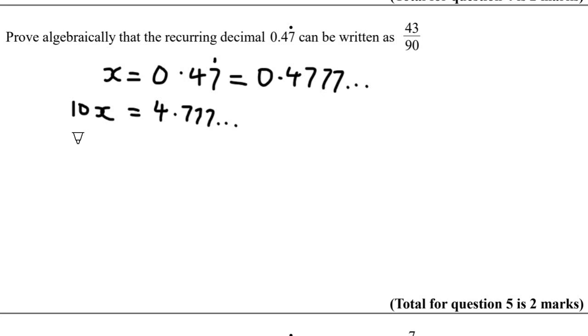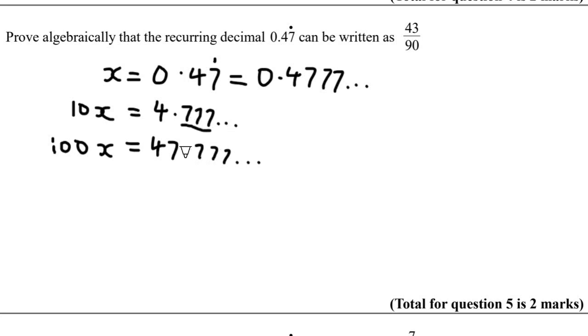But what we need to do is take 100x, multiply by 100. That will give us 47.777 recurring. Now, if you compare 10x and 100x, you can see that after the decimal, you have all sevens recurring.